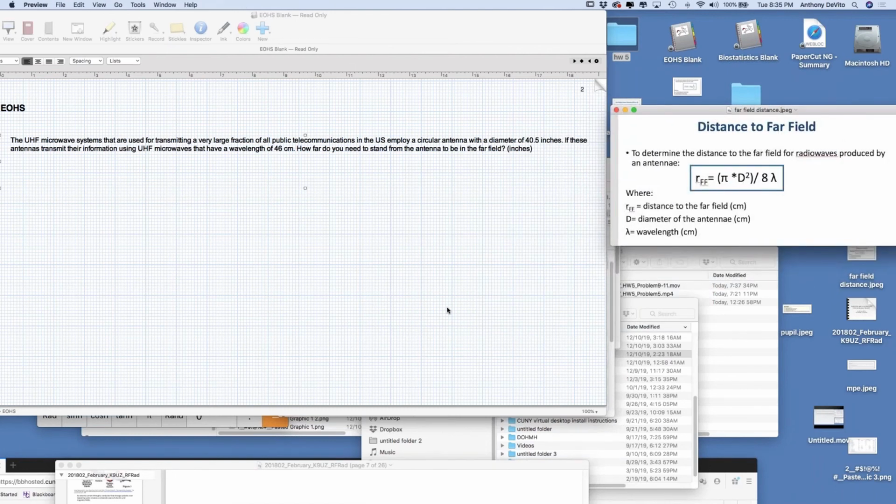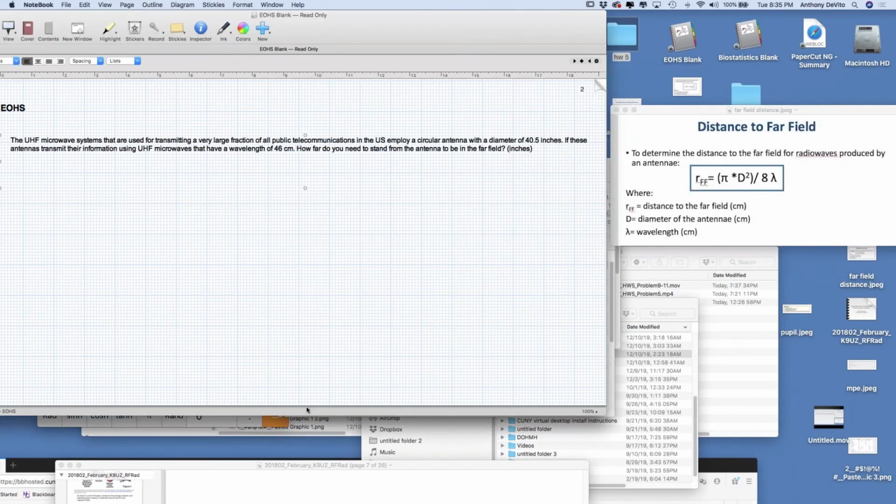I'll move this out here. So the far field distance, R FF, is equal to 3.14 times the diameter of the antenna, which is 103 centimeters, squared, over 8 times the wavelength, 8 times 46 centimeters.